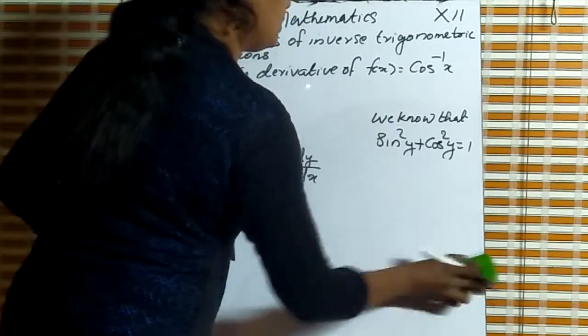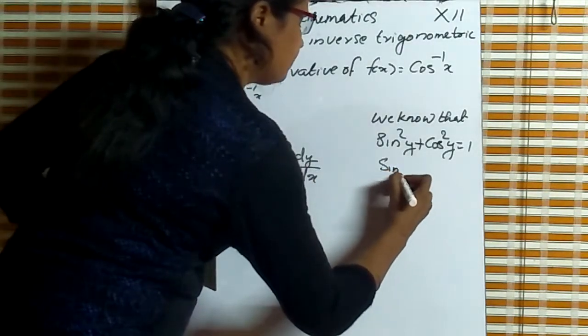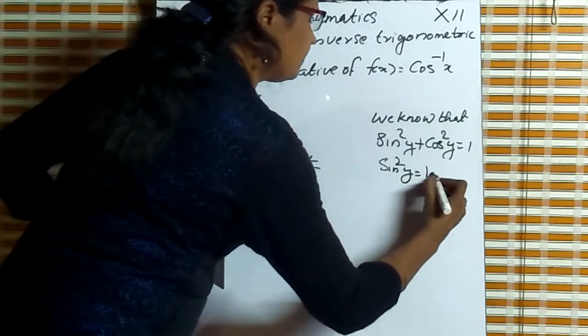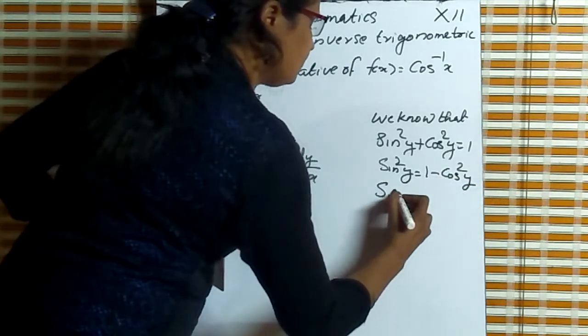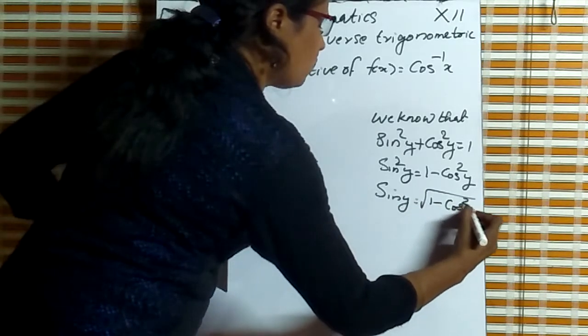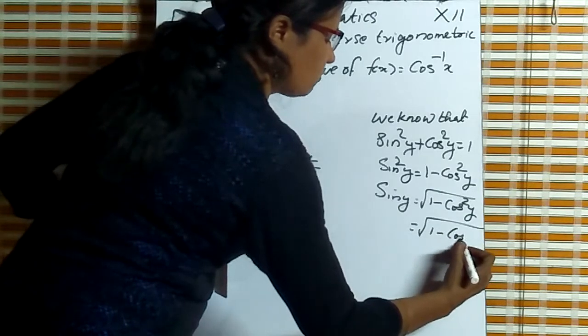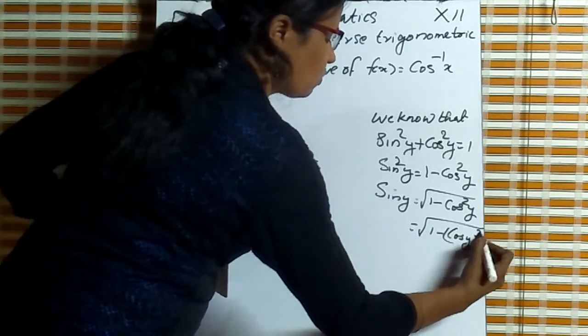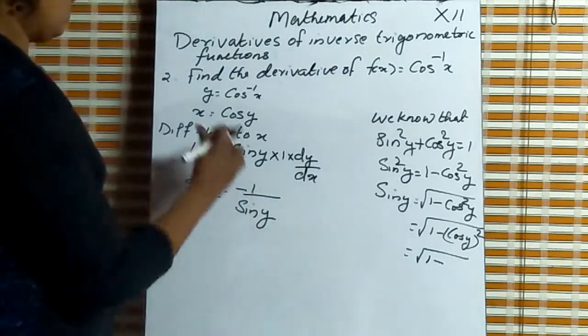Here sin square y plus cos square y is equal to 1. What is sin square y? Sin square y is equal to 1 minus cos square y. Sin y is equal to square root of 1 minus cos y whole square. What is cos y?